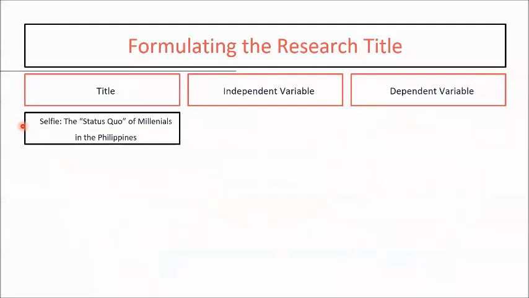Okay, so when we say independent again, this is something that can be changed or can stand alone. So in this example, what do you think is the independent variable? Anybody?